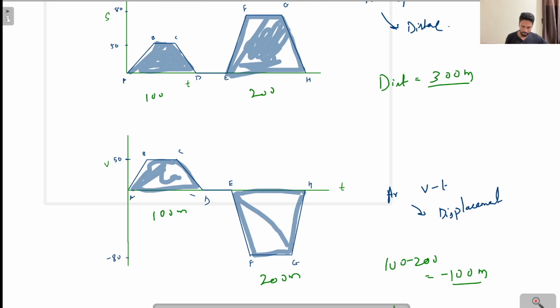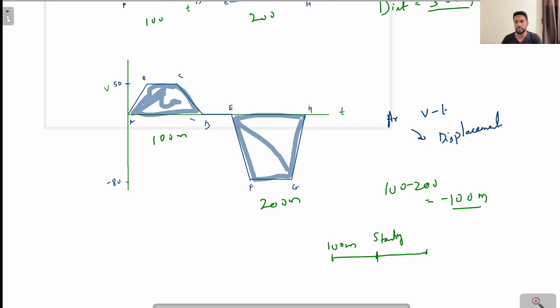Negative means backward, positive means forward. But distance is always positive. So your displacement is minus 100. That means it goes 100 forward, 200 backward. So your final displacement is minus 100 meter, that means it is finishing its journey 100 meter in the reverse direction.